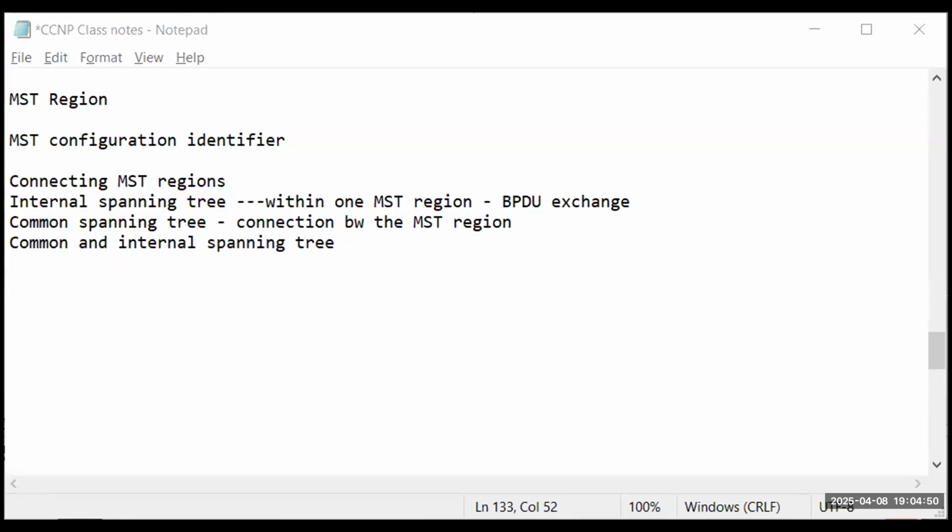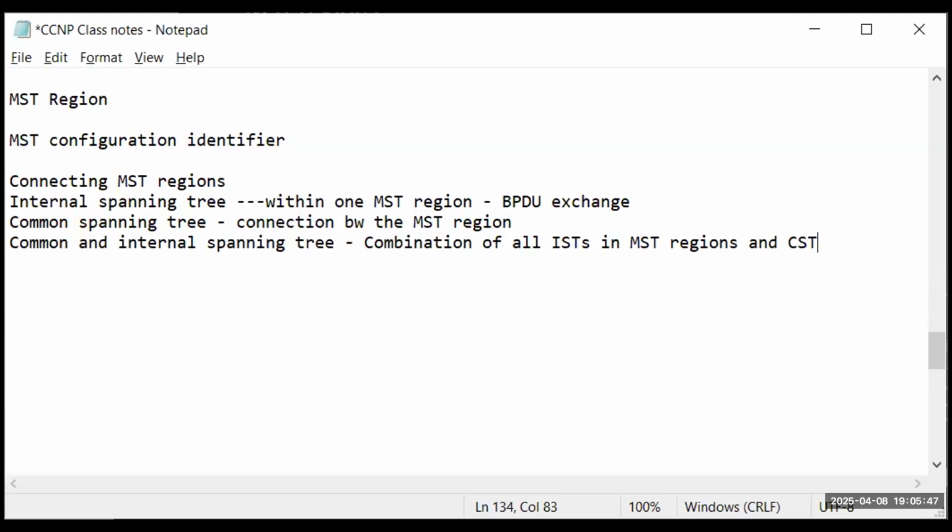CIST, common and internal spanning tree, is the combination of the ISTs of all MST regions and the CST. The CST is where we have seen the boundary ports.